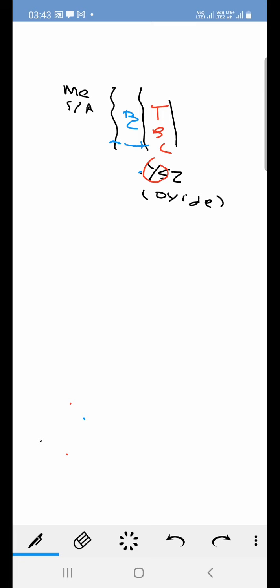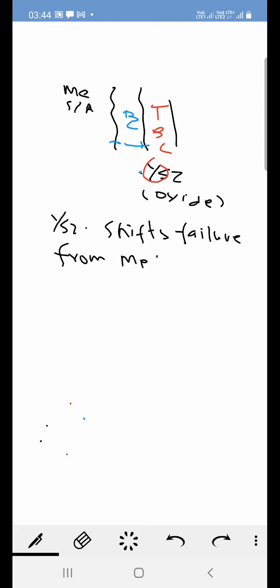I call it yttrium stabilized zirconia. It shifts failure from the metal bond coat interface to the oxide part.